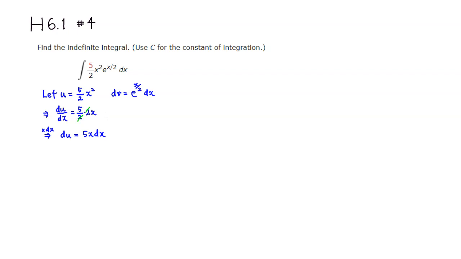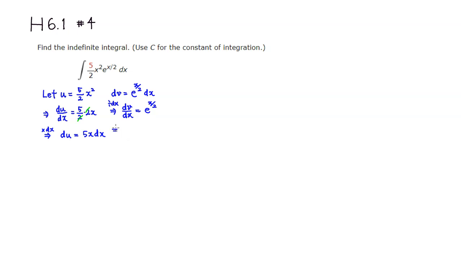Then we're going to do the work with dv. First, I'm going to divide through by dx, so that we have dv over dx, which is equal to e to the x over 2. So the derivative of v is e to the x over 2.